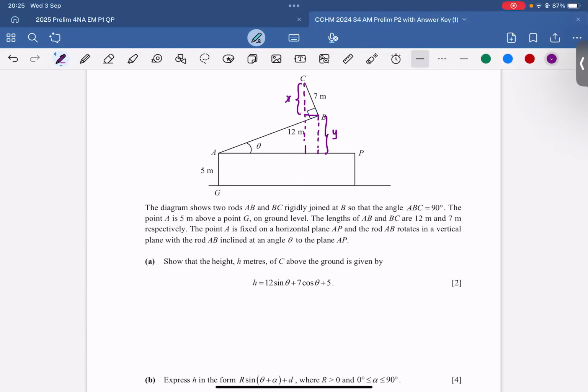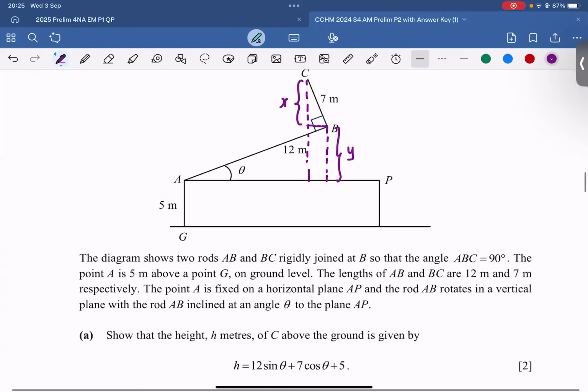Okay, so let's plug in the theta. So if this is theta, this will be 90 minus theta. Then use alternate angle. So if you use alternate angle, this is the alternate angle.